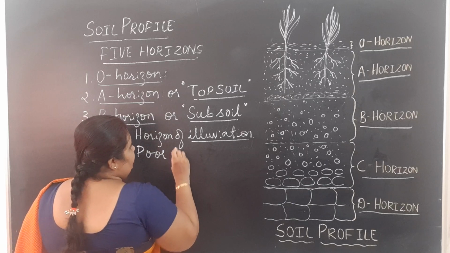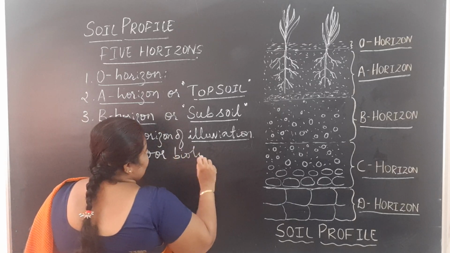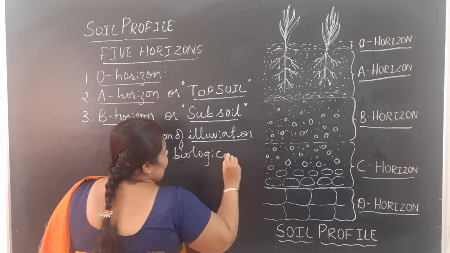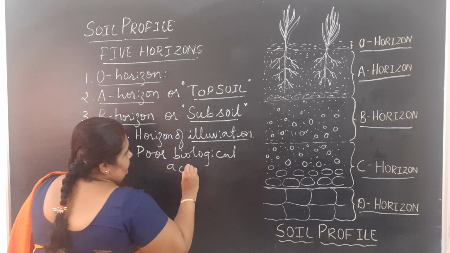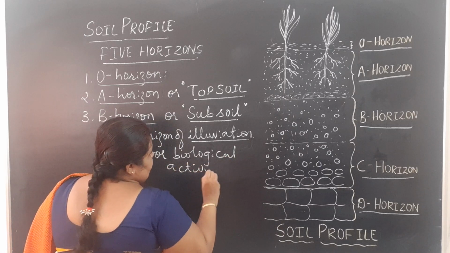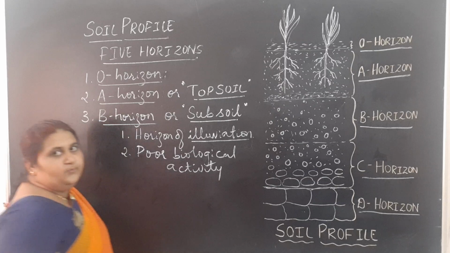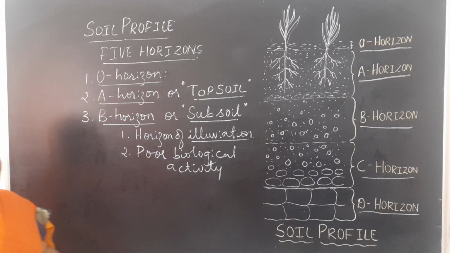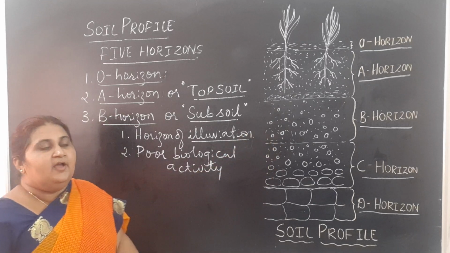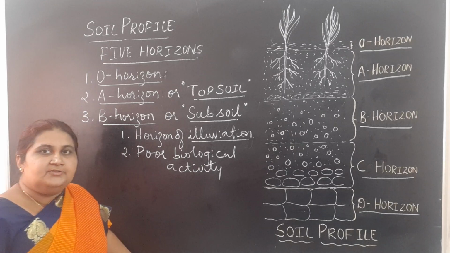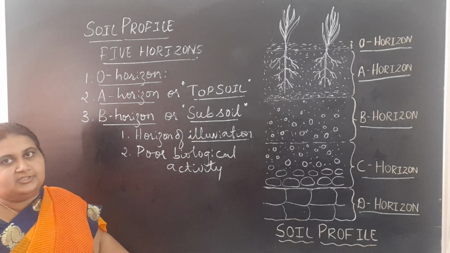Poor biological activity is found in the B horizon. Why? Due to less aeration.